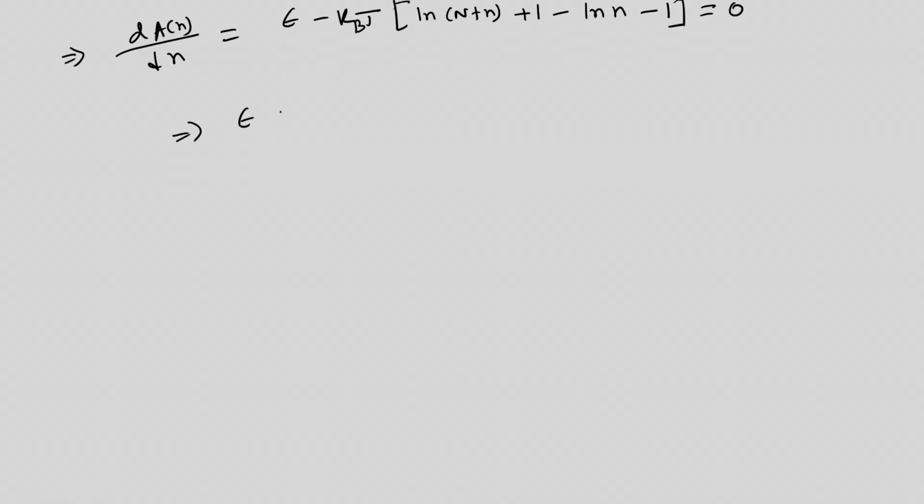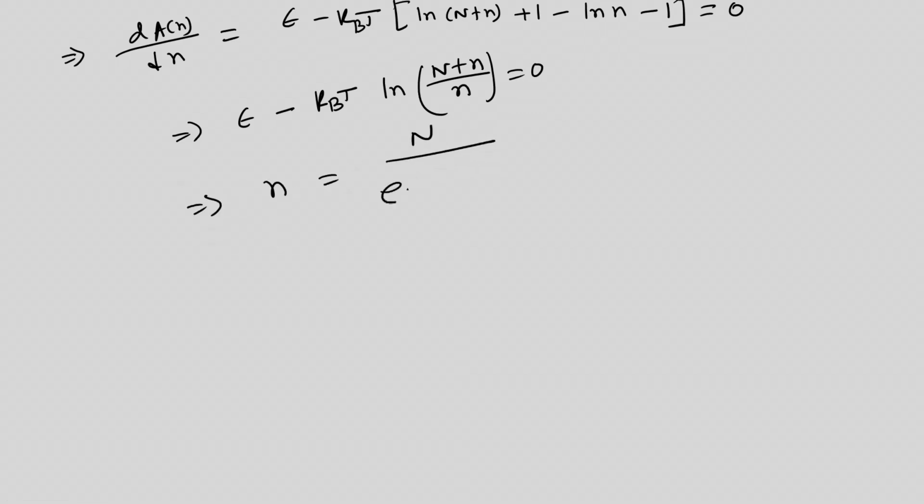So, we get epsilon minus kBT ln (N plus n) by small n equals 0. So, it gives us n is N by e to the beta epsilon minus 1.